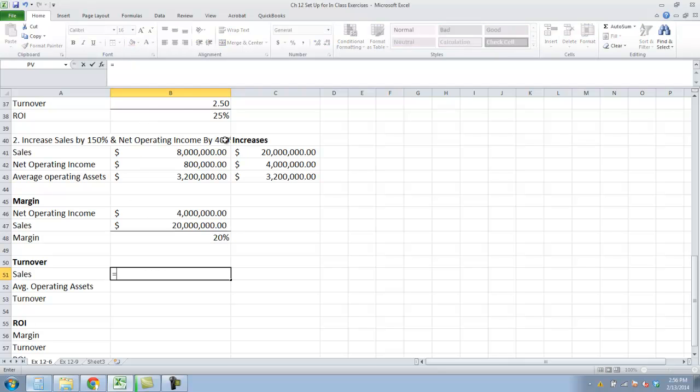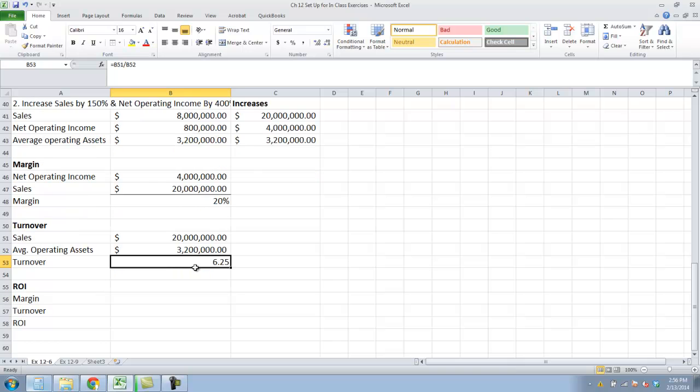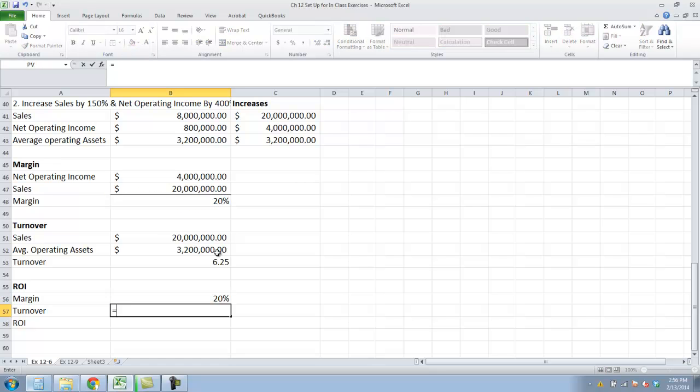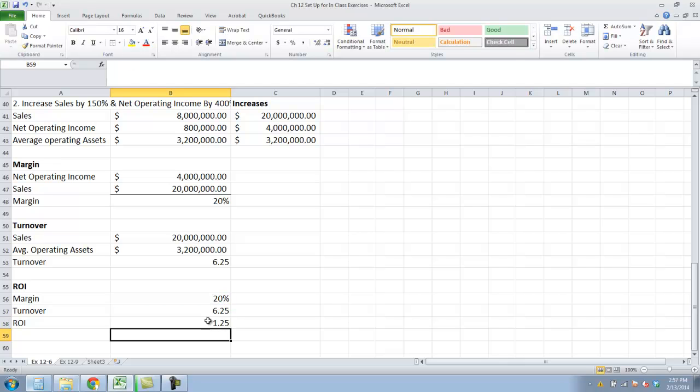My new sales is this, my average assets remain the same, I divide this, and my turnover is 6.25. So now I take my margin, my turnover, and I multiply these to get my ROI at 125%.